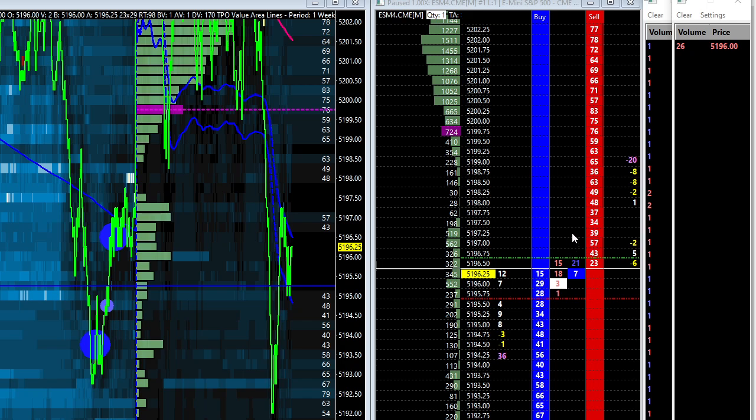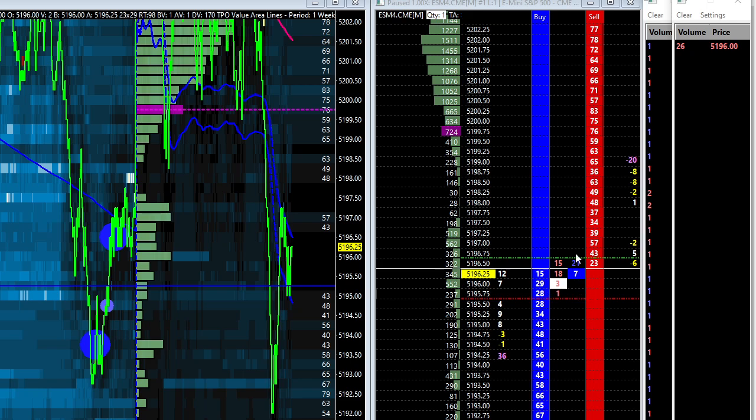Quick, for anyone that's not familiar with the ladder, just a quick rundown of what this is. On the red column here, we have resting orders on the offer, which is selling. On the blue, we have resting bids, waiting to buy.